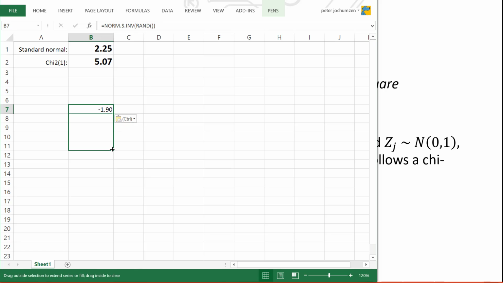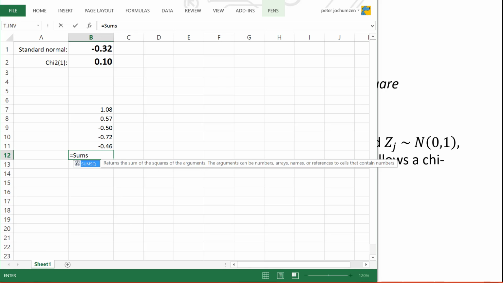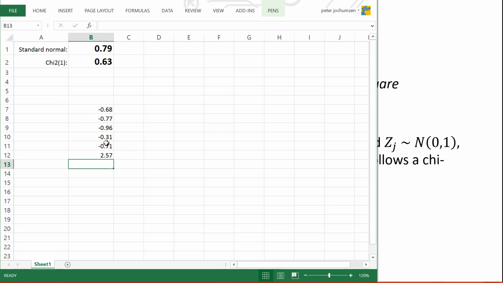So if you want to do chi-square 5, now I have 5 independent drawings from standard normal, and then just do the sum of squares. Sum SQ of these guys is a drawing from a chi-square with 5 degrees of freedom.